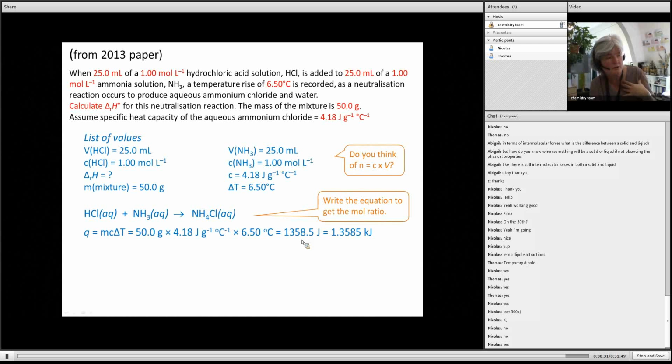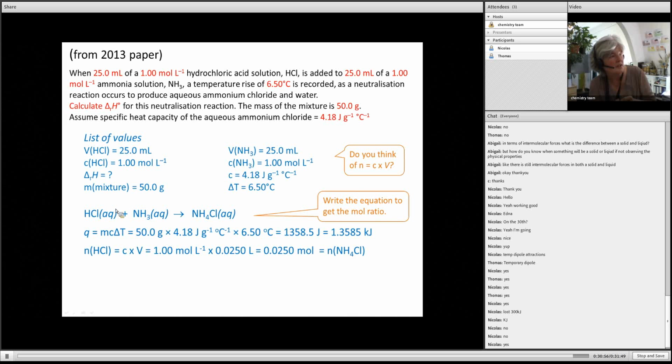Notice I've converted from joules to kilojoules. And so for the reaction, I've got to calculate this per mole, for the reaction as written, and I can't remember if they actually gave you the reaction or not. But basically I've got 1 mole over here.